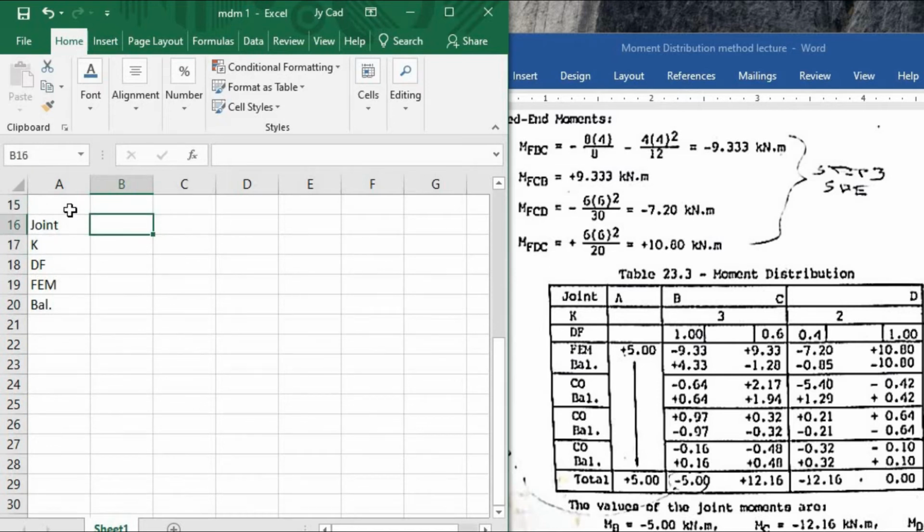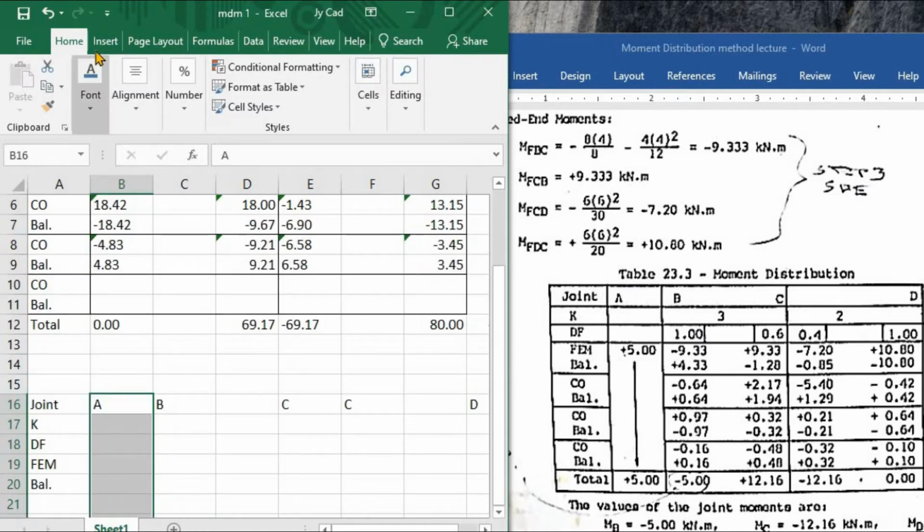You have A, B, B, C, C, and then D. Okay, tapos dito naman blanko lang yan, ano?